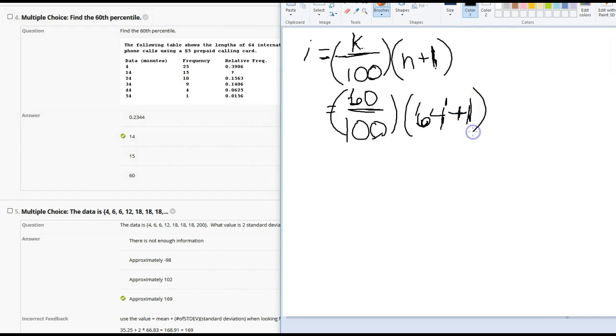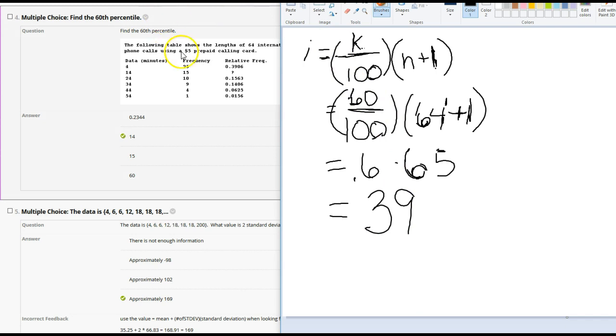So then in my calculator, I just put this in: 60 divided by 100 is 0.6, times 65. And when you do that, you should get a whole number. It was 39. So that means that the 39th piece of data is the 60th percentile. So then I go back here and I look at my frequency.